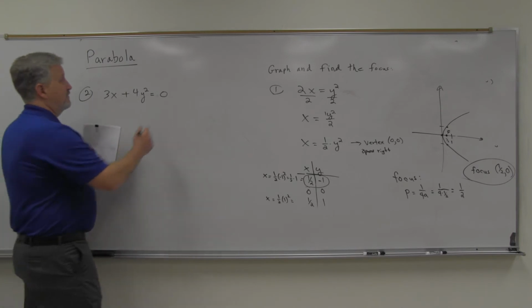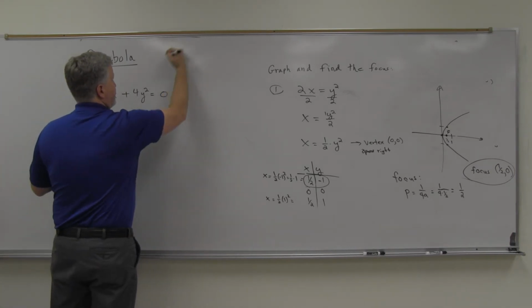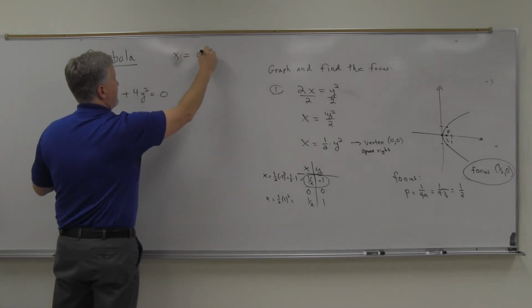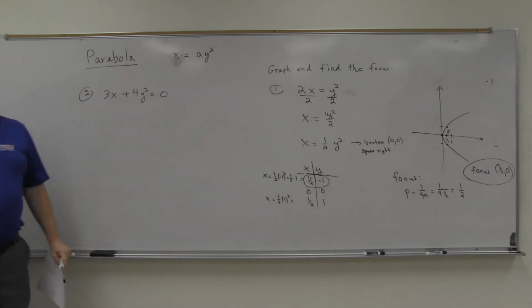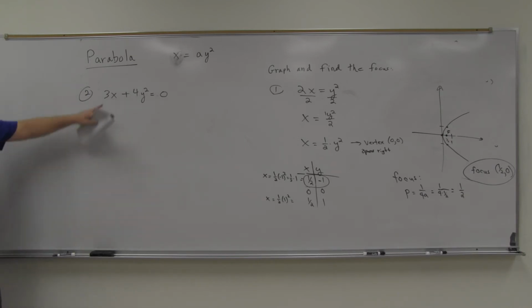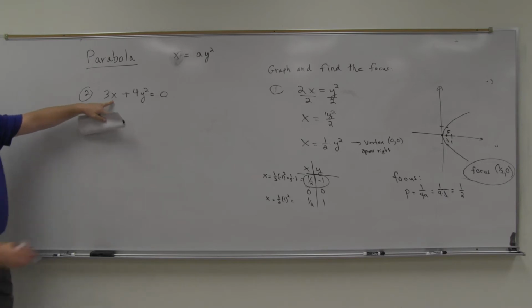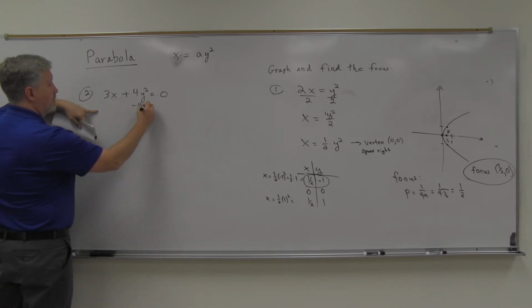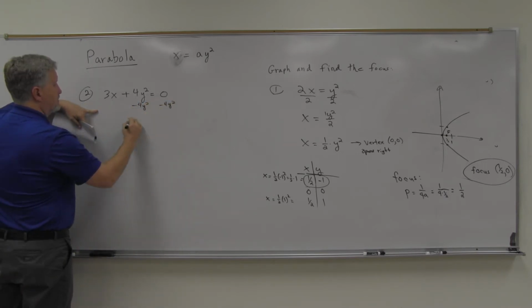However, for a sideways parabola, I want x equals ay squared. That's just a lot better form that I can use in a lot more ways. So let's just solve for x here. Subtract 4y squared. So that's 3x equals negative 4y squared.